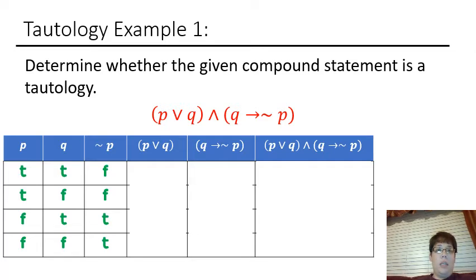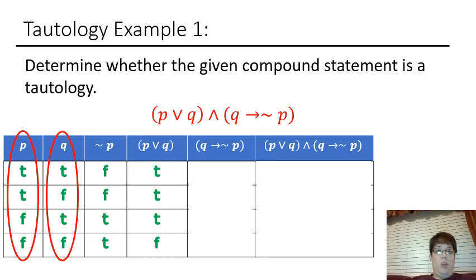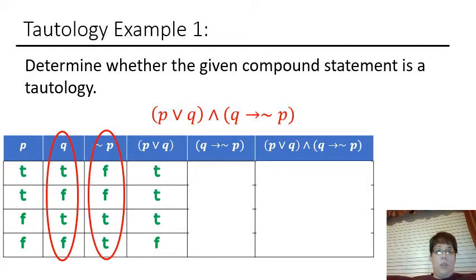Okay, so then the first thing we're going to look at is P or Q. If you just do P or Q like we've done before, you will get true, true, true, and false. Then we need to look at Q implies not P. So now I'm going to look at these two columns.